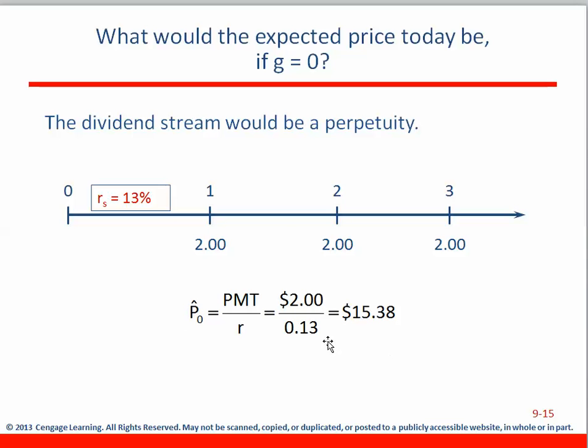G is still here, it's just 0. So if the growth rate is going to be 0, the stock price would be $15.38. And that's a result that makes sense, right? If your dividends are growing at 6% a year, the stock is going to be more valuable than if they're not. So if your dividends are not growing, the stock price would only be worth $15.38.